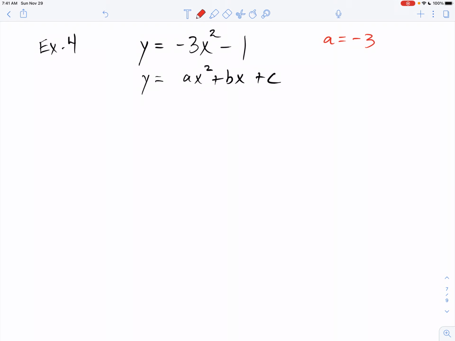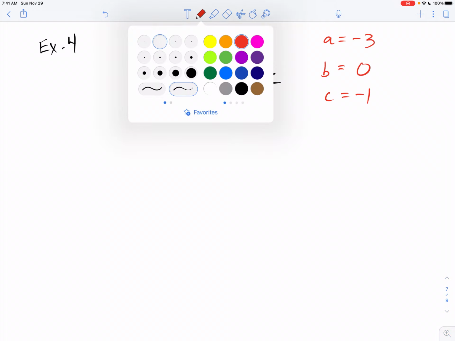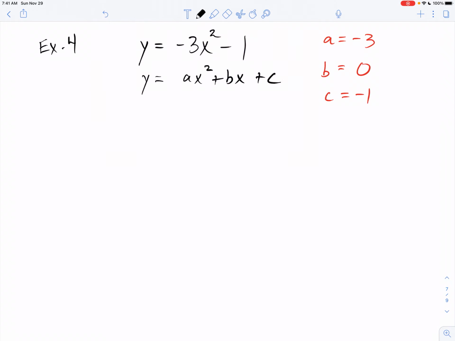It's going to open down because a is negative. But I don't see an x to the first thing, and that's because I don't have one. This time the b value is 0, and the c value is -1. So if the b value is 0, this creates kind of a weird situation, and let me explain this to you. I wanted to make sure we saw one just like this, because you're going to see one on the assignment. Here we go.